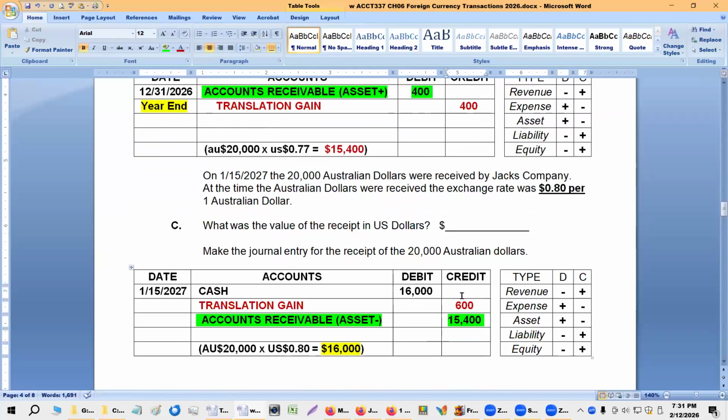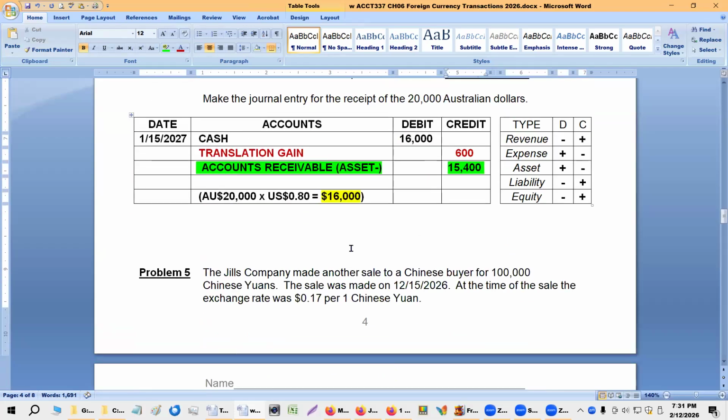So we got it in the right periods, when the gain actually happened. But anyway, that is the journal entry for that.